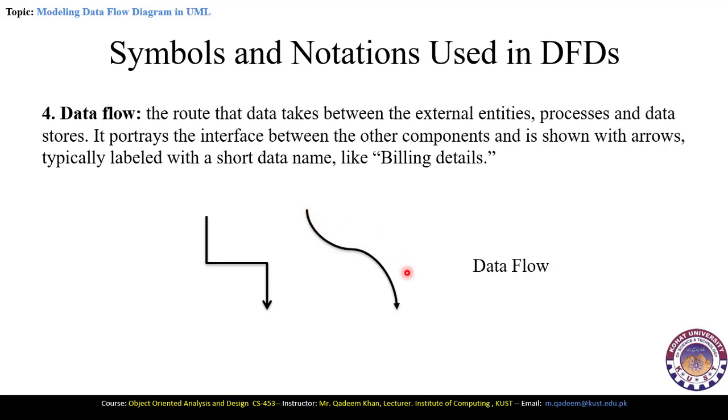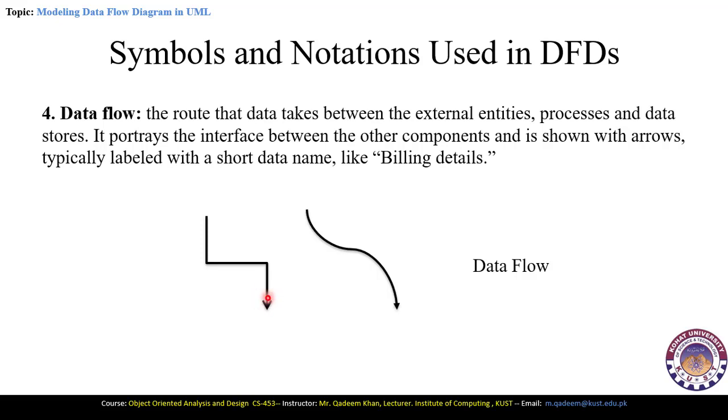It can be a solid arrow line, or it can be some edged or rounded arrow lines, as shown. So it represents certain routes that the data will take between the external entities, processes, and the data stores. This represents the interface between the other components as well, and is shown with these particular arrow lines.